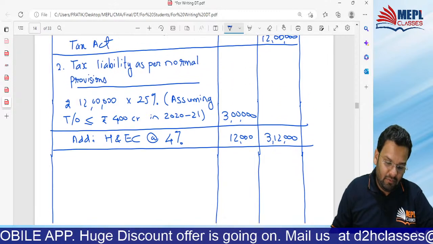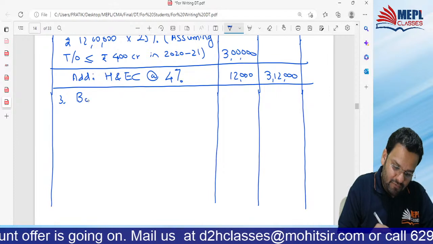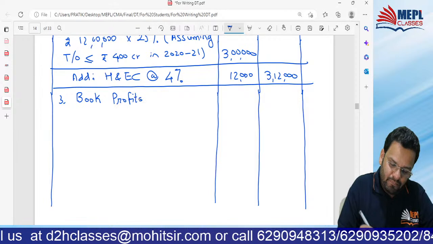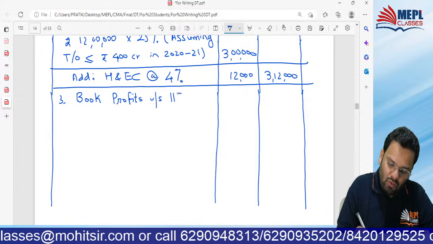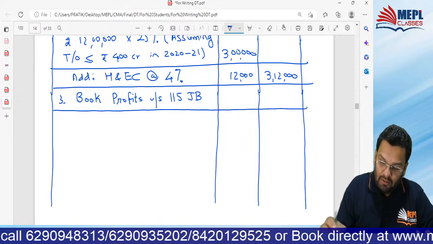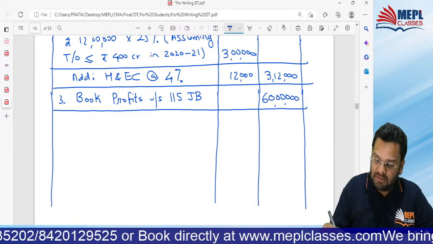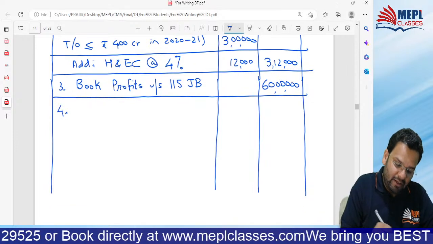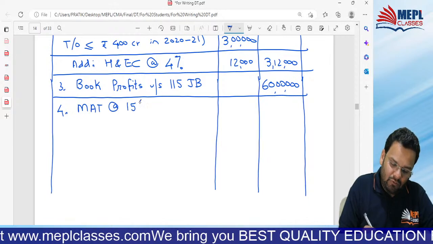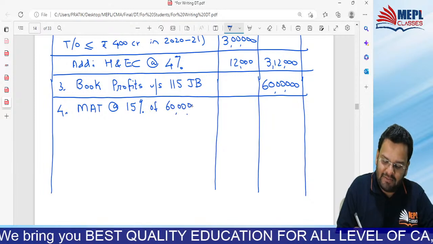Going ahead, third point will be book profits. What are book profits under section 115 JB? There are 60 lakhs. Calculate minimum alternate tax at 15% of 60 lakhs.